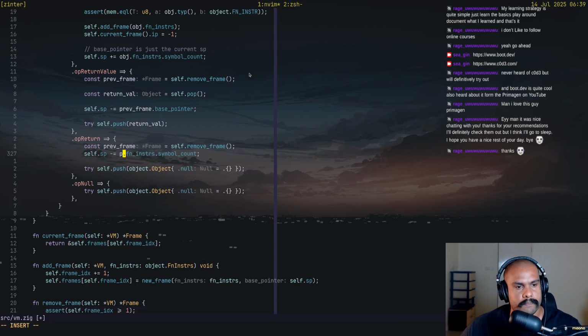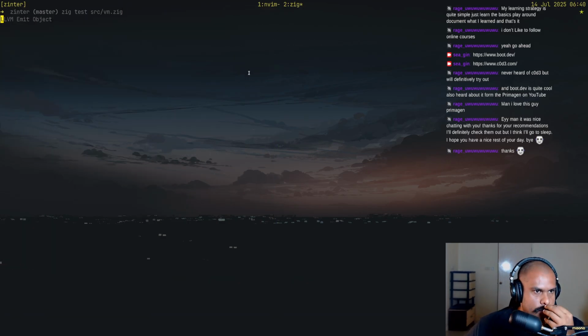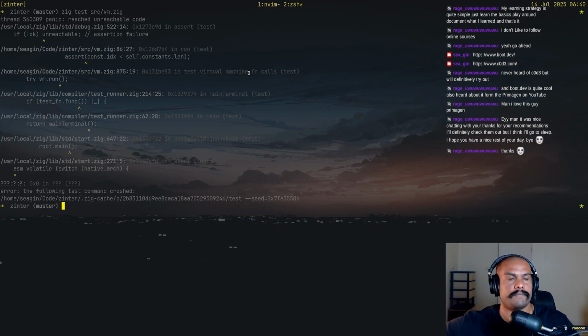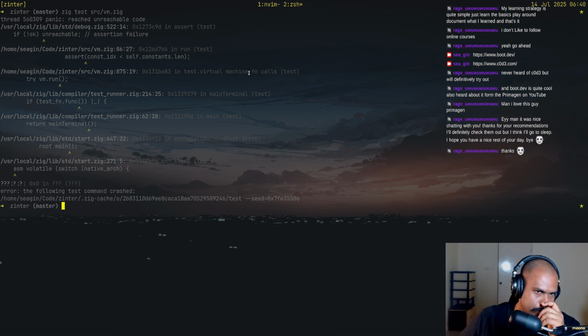Minus equal to previous frame dot base pointer. Constant x. Yep.